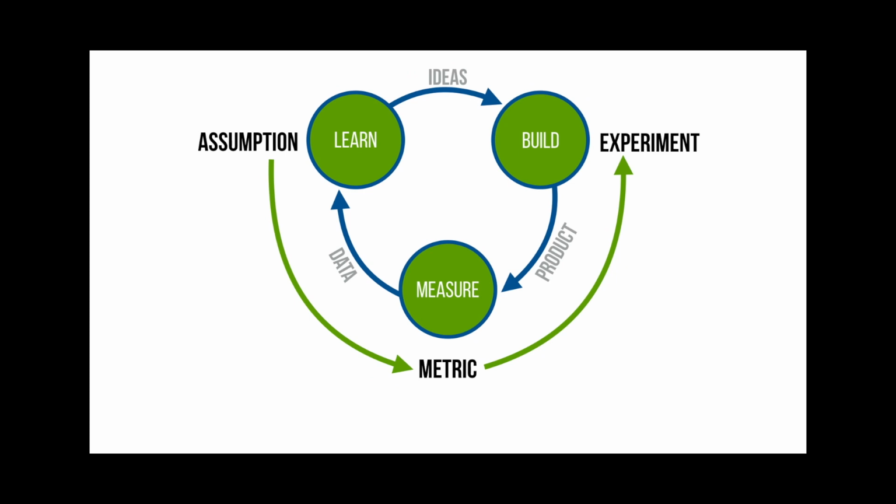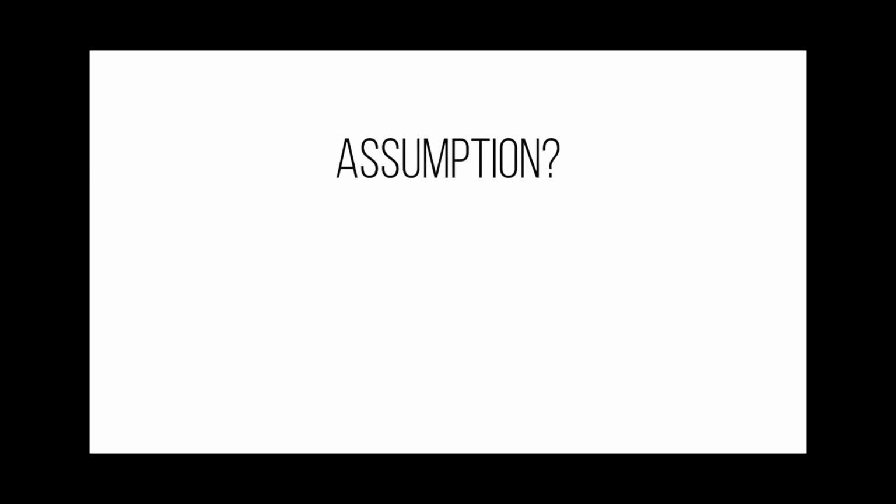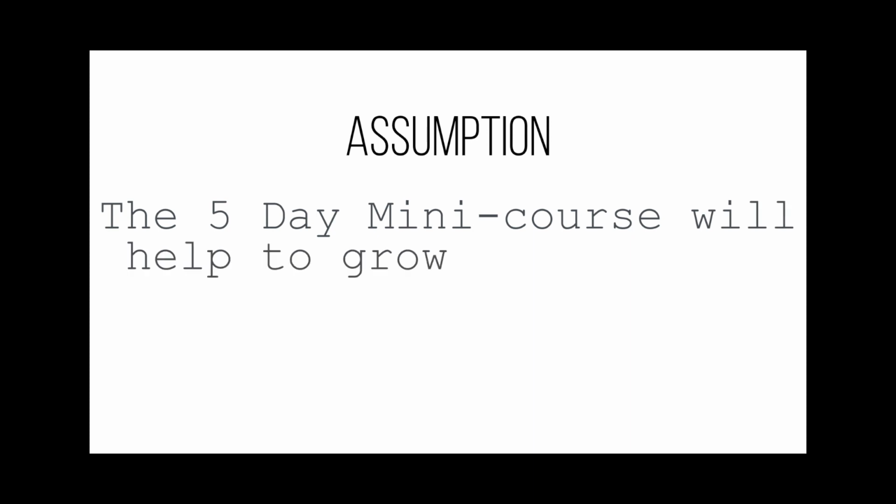Take a look. Rather than speaking in the abstract, let's apply it directly to our project, the 5-day mini-course. What's the assumption? I guess it's that people will like it. And that weak story is the best you can come up with. He's right. This is no time for woolly thinking. Okay, how about this? The 5-day mini-course will help to grow my audience.